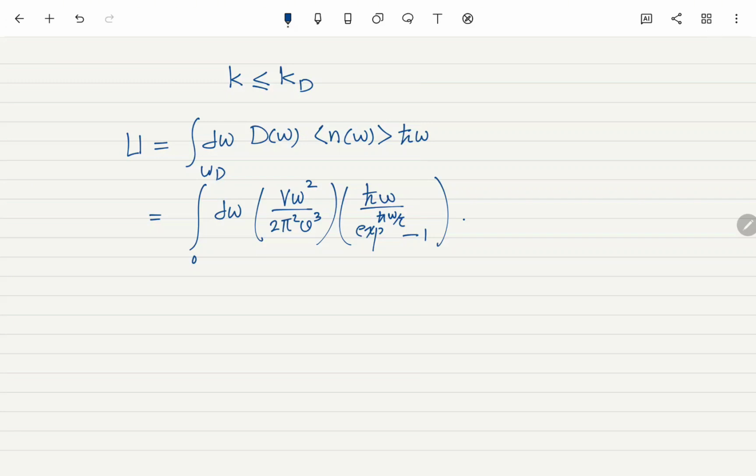Now, for simplicity, let's assume that the phonon velocity is independent of the polarization.